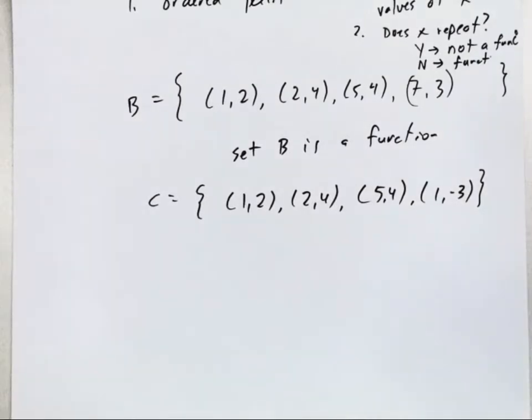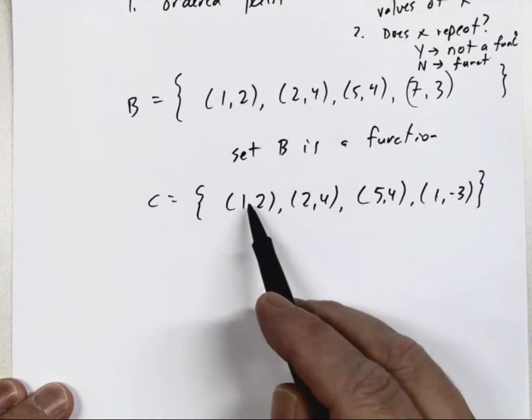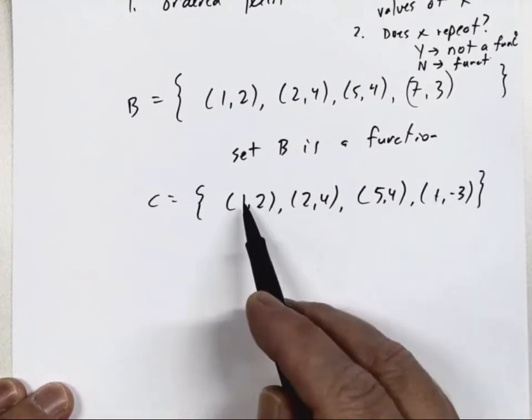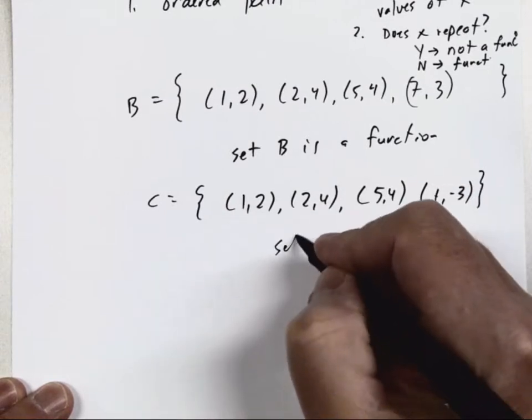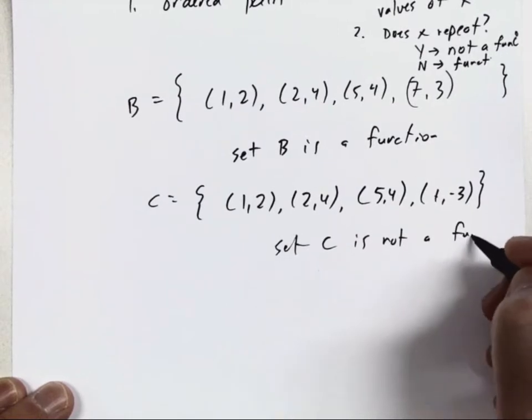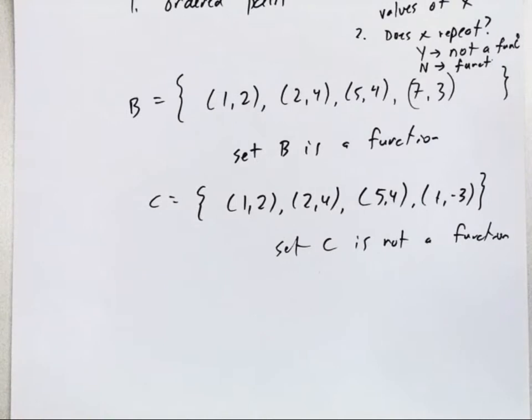Here's set C. The question is, is set C a function? Look at my x's: 1, 2, 5, 1. You notice I have two ordered pairs with the same x, the x repeated. Set C is not a function.